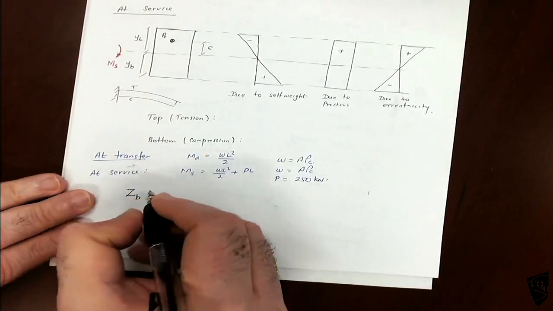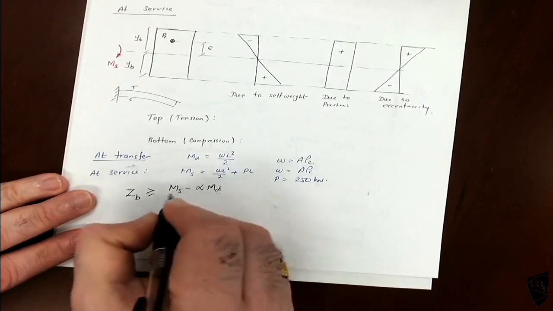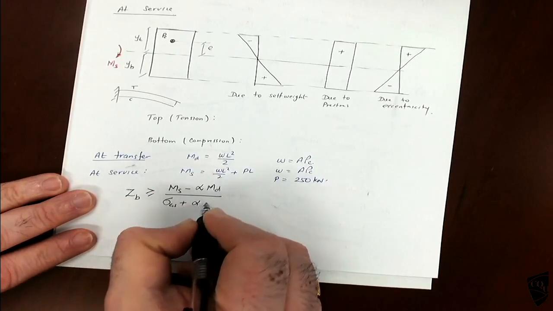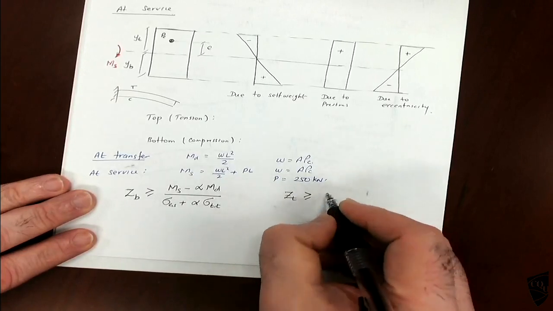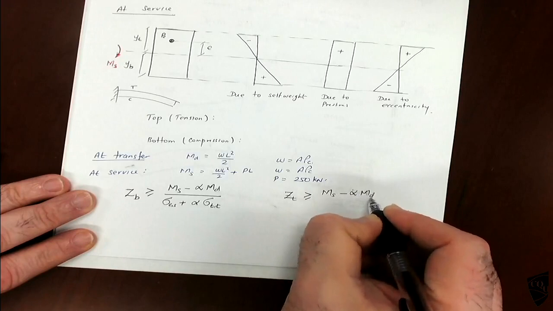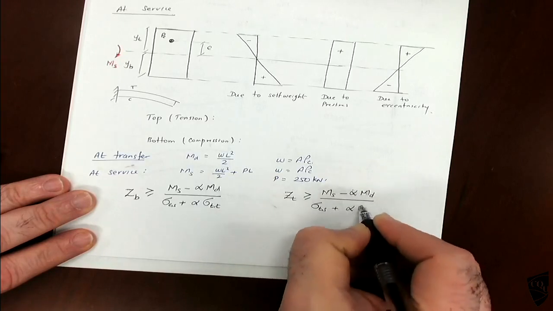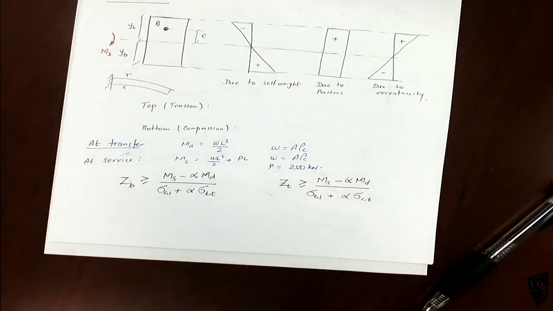Okay, set B. You should be able to get this one if you write the two inequalities correctly.